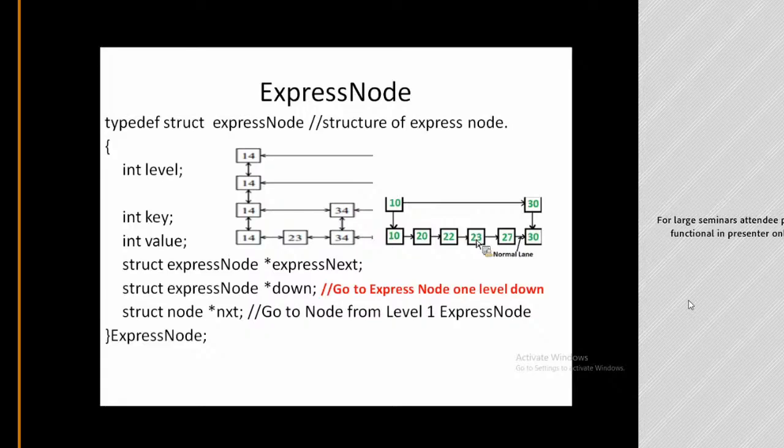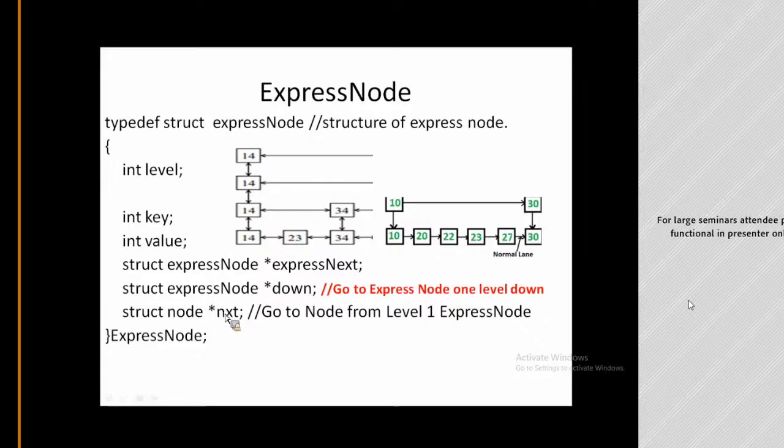Anybody who has still not understood the multiple layers? Okay, great. So we have to make a provision that the first one, the express node, is going horizontally in the same level. With this down, we are still in the express lane only, but at the next lower level.